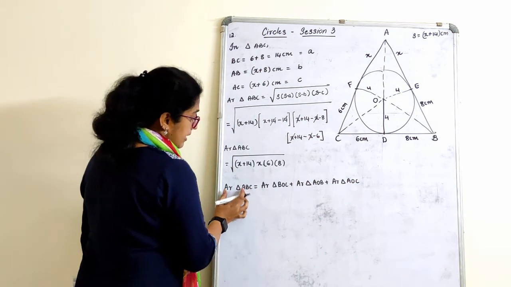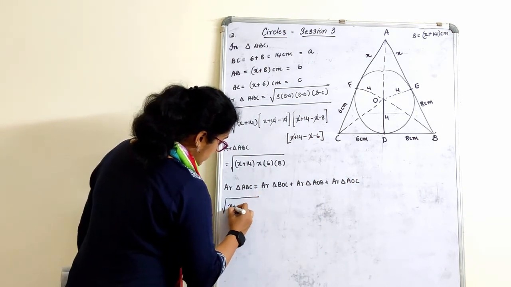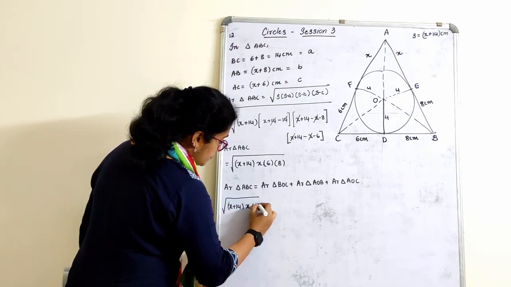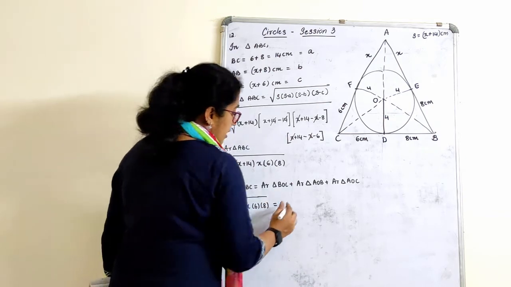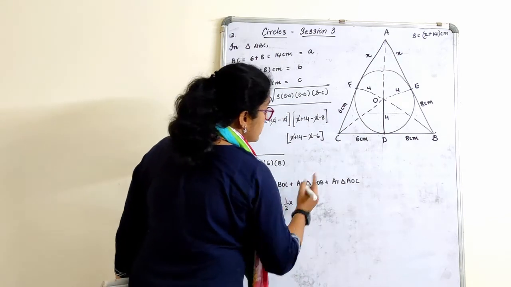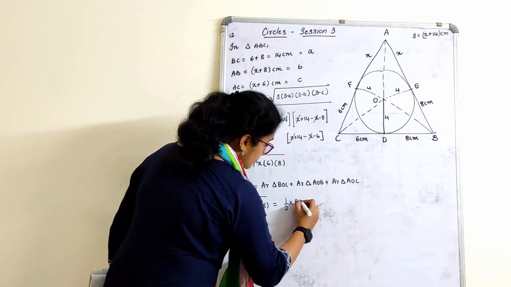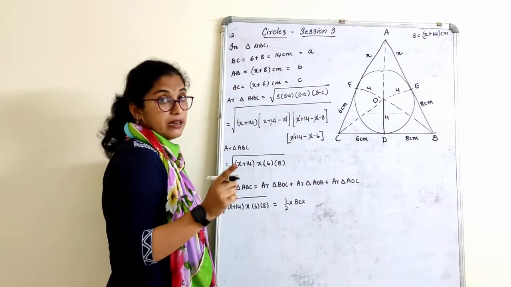What is area of triangle ABC? Substitute. X plus 14, x of 6 of 8 is equal to area of triangle BOC is half into base. Base is what? BC. First I will write that. What is height? OD. Height is always perpendicular.